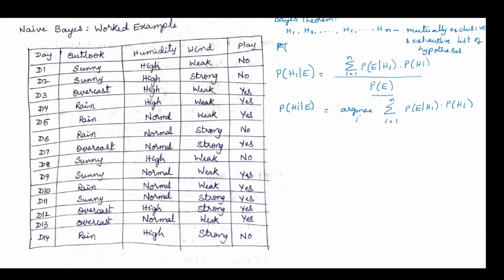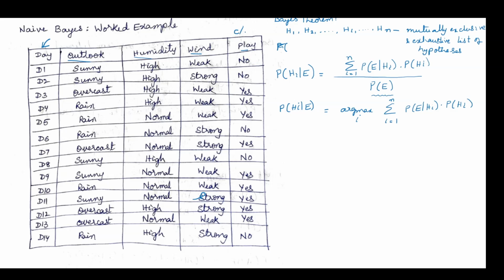Now if we look at this example data set provided here, this data set provides us the information of 14 days of weather. So it takes in the value of outlook, humidity, wind, and tries to identify the final outcome, play.